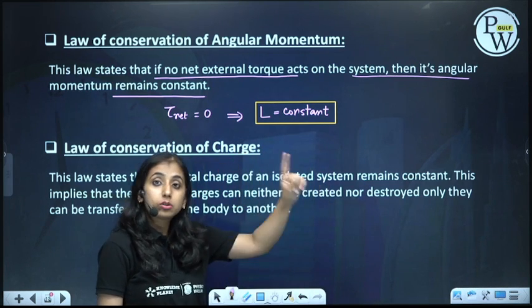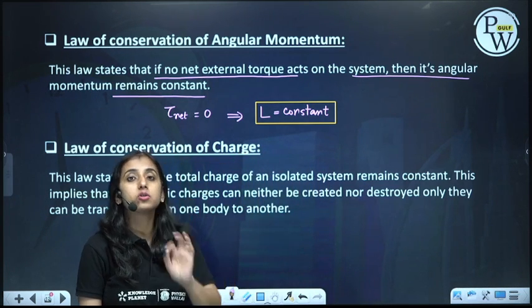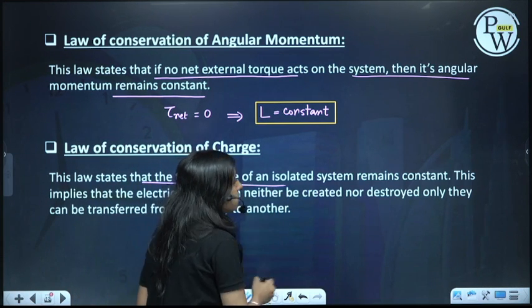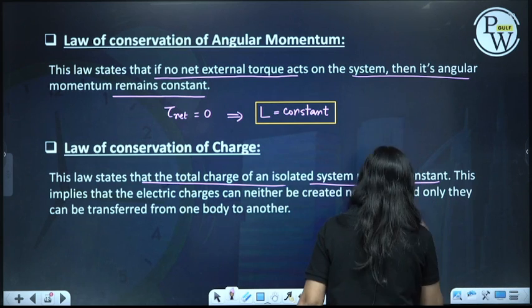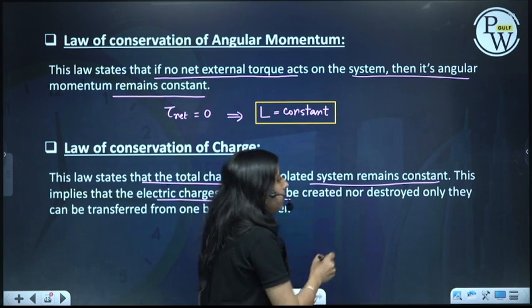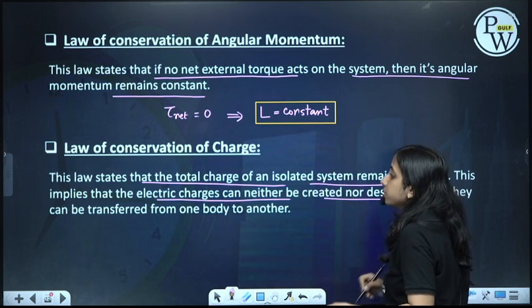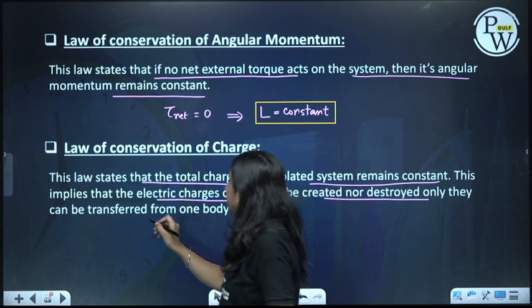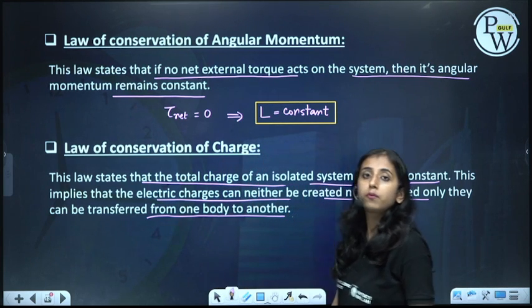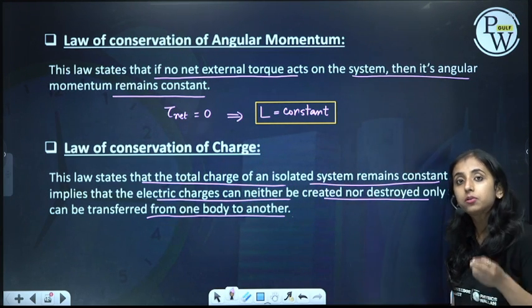If we have an isolated system, its total charge always remains constant. It states that the total charge of an isolated system remains constant. This implies that electric charges can neither be created nor be destroyed. They can only be transferred from one body to another. This is the law of conservation of electric charges.